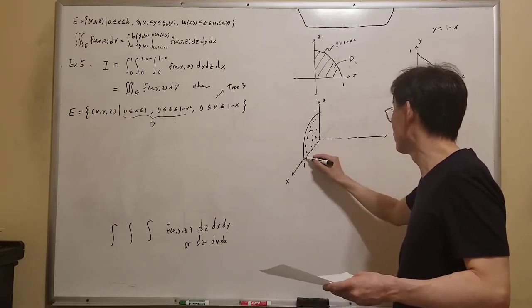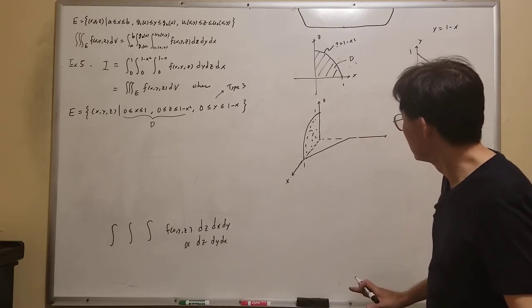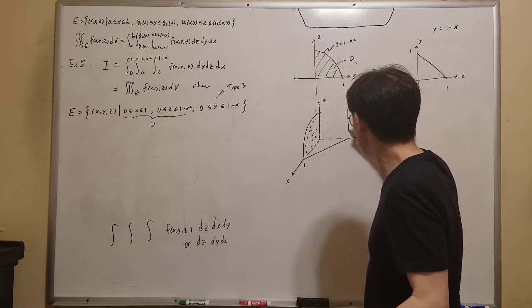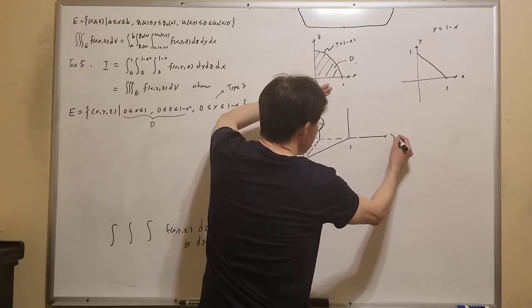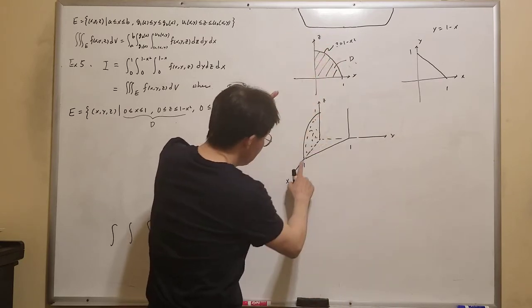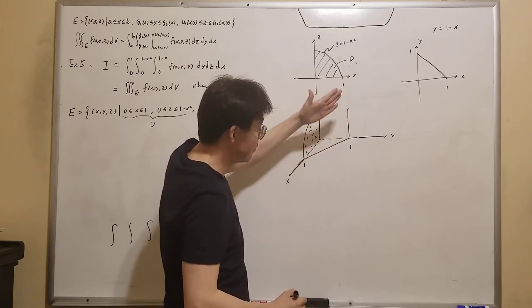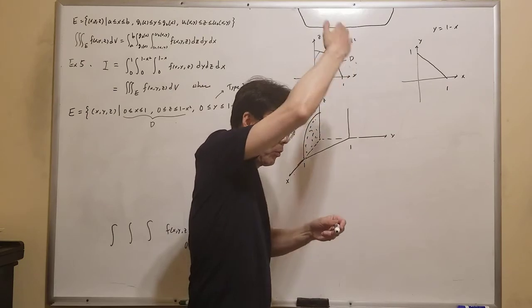If you draw it in xy, perpendicular to the xy plane, through 1 and 1, you have x and y, 1 and 1.